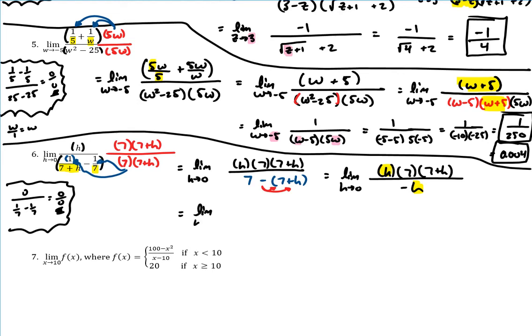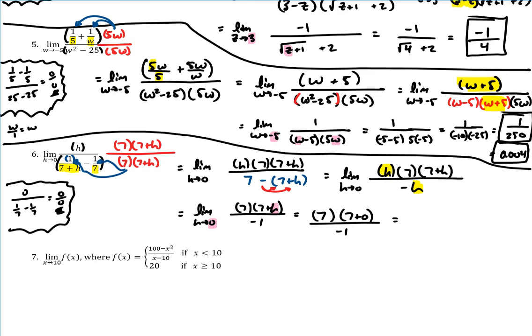So we have the limit as h goes to 0 of 7 times 7 plus h over negative 1. Because again, we need a placeholder. And then now I can plug the 0 in. And so it looks like I'm going to have up top just the 7 times 7 plus 0, just to show it, over negative 1.